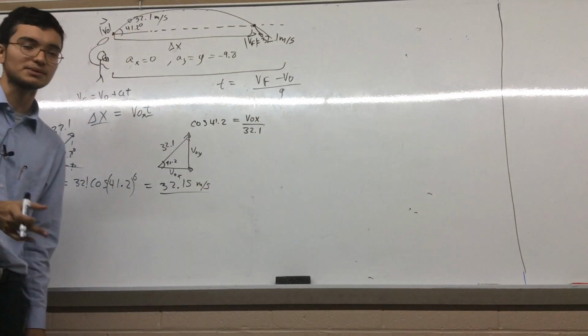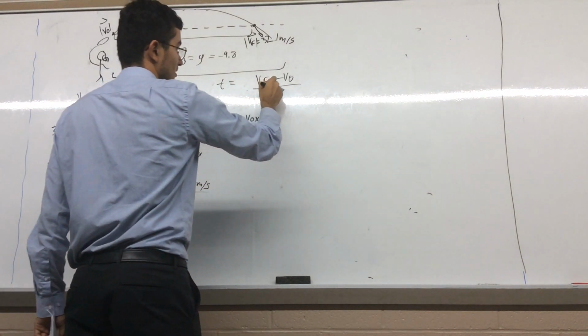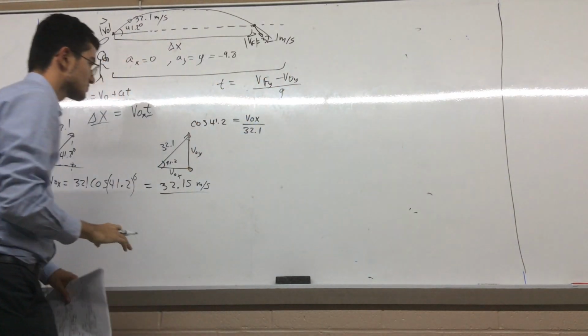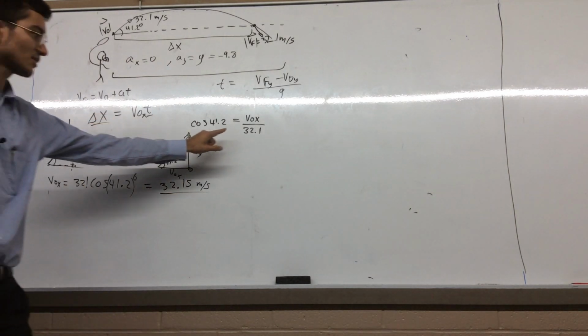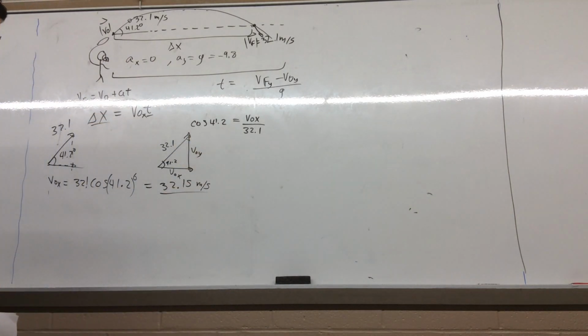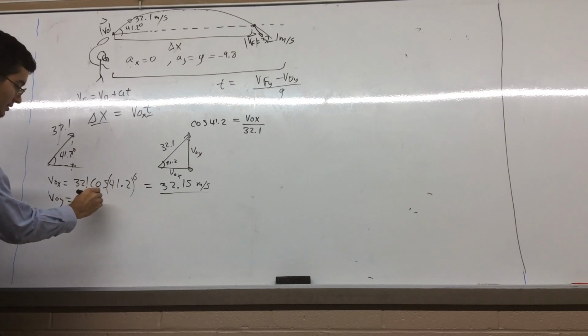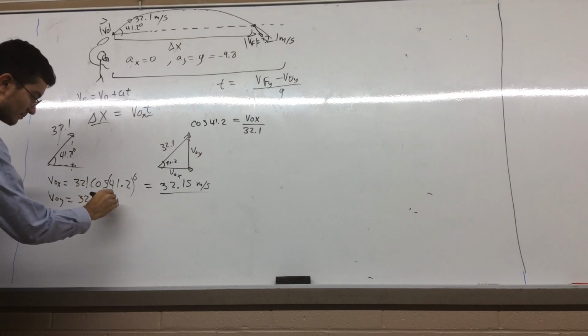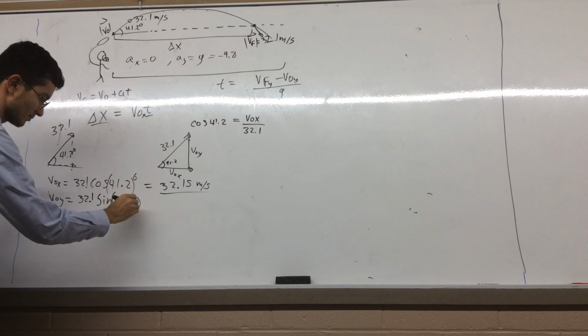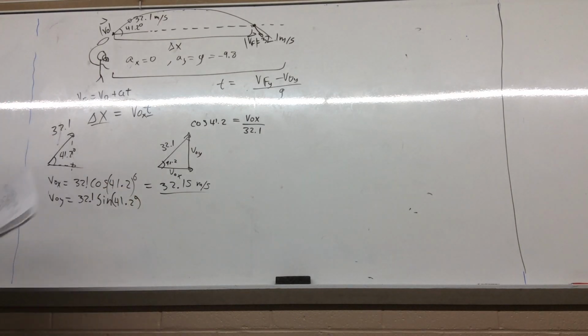The x or the y dimension? Yeah, so that's v final y and v0 y. We already know the x component of the velocity, but we don't know the y component. So we have to find the y component doing the same process. So v0 y is equal to 32.1 times sine of the angle, 41.2 degrees.